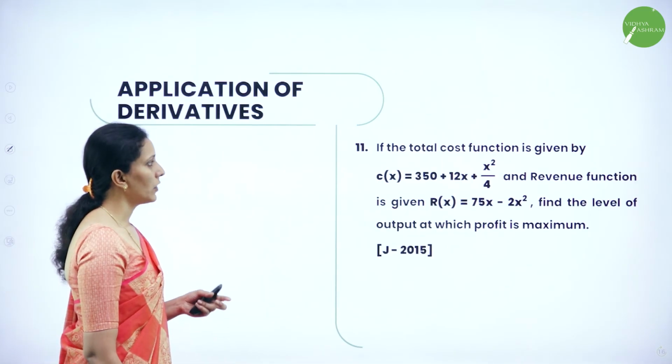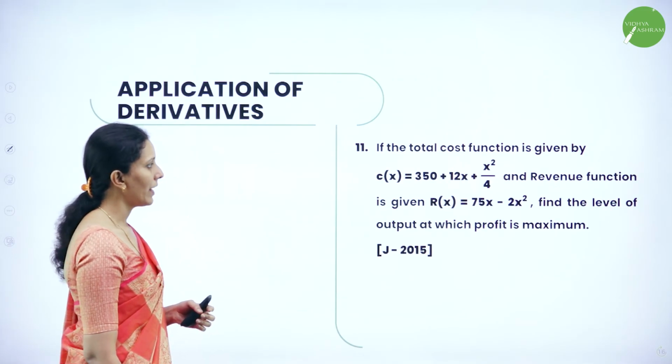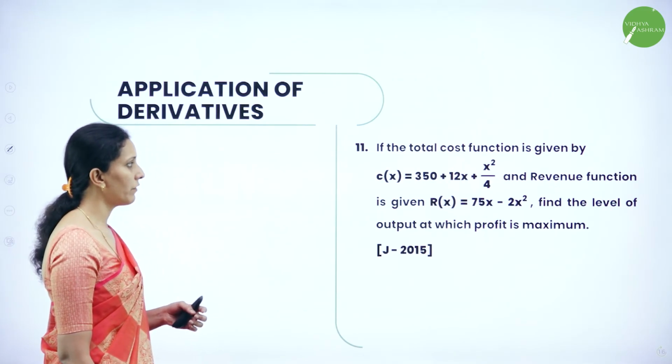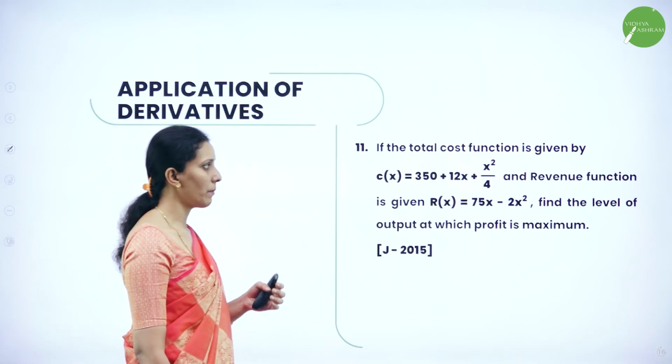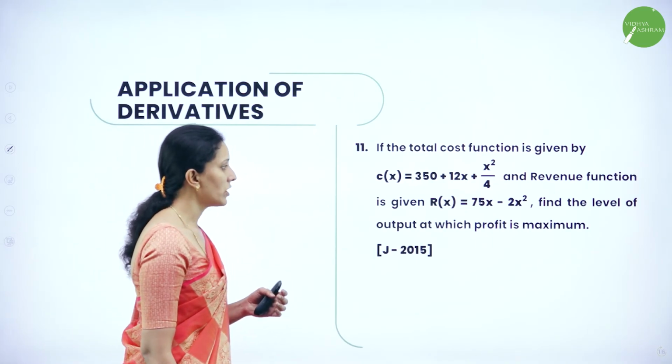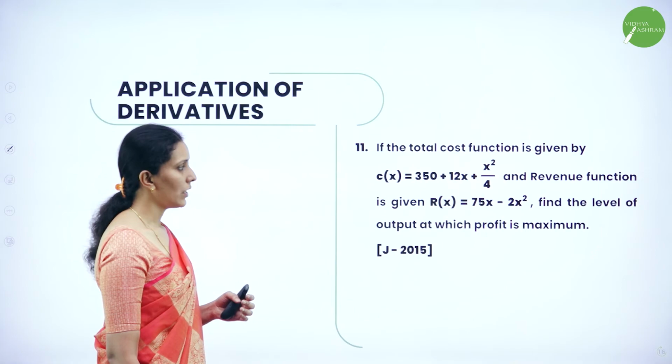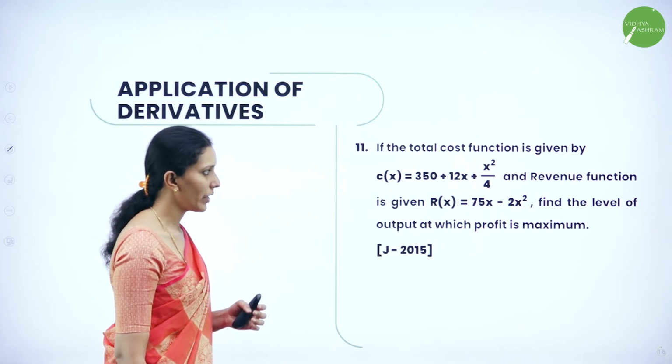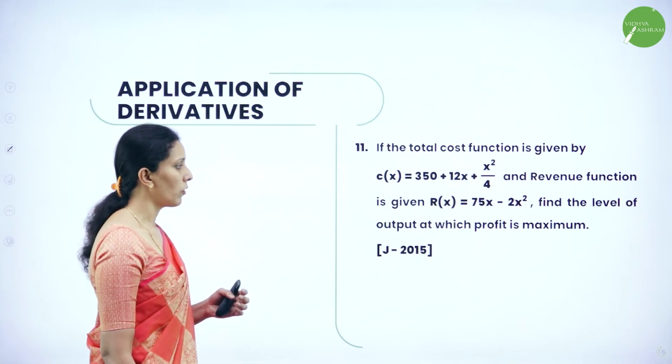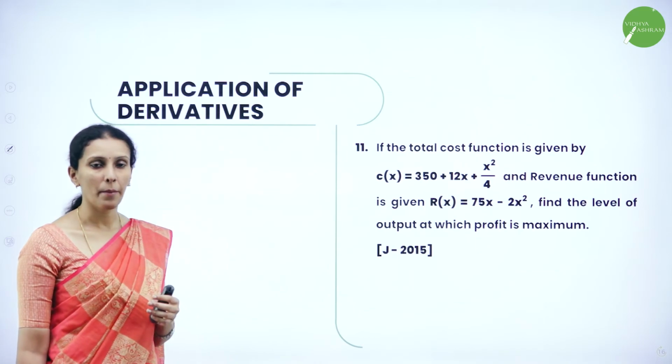Next, if the total cost function is given by C of x is equal to 350 plus 12x plus x square by 4, and the revenue function is given by R of x is equal to 75x minus 2x square, find the level of output at which the profit is maximum.